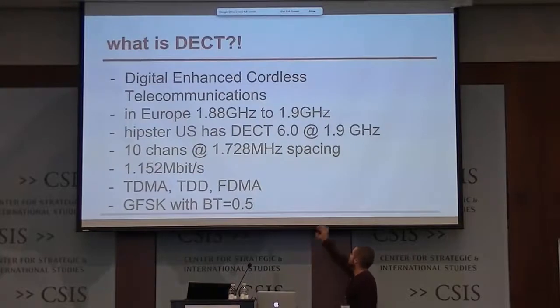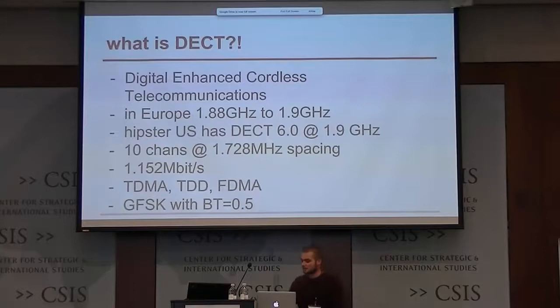So DECT is a European standard that at one point came to the US and they renamed it DECT 6.0 because they were afraid that people would think it's not cool if it has a smaller number. So they added 6.0. It's 10 channels of 1.7 to 8 megahertz TDMA.